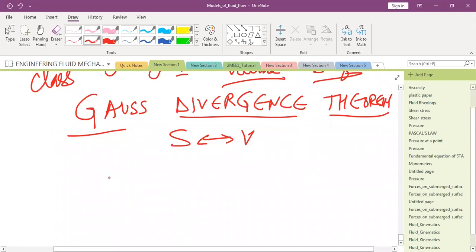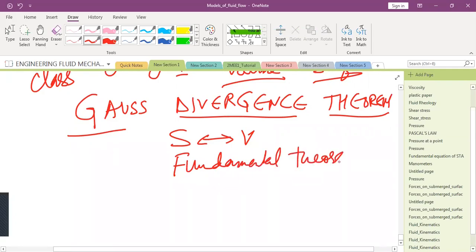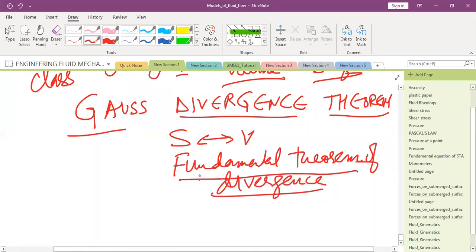So what does that state? This is also called the fundamental theorem of divergence.